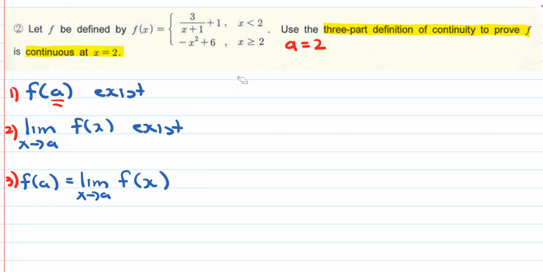If I want to show that f of a exists, we have to look at our inequalities. Which one of these functions actually takes the value of 2? Is it the top function or the bottom one? Clearly it's the bottom function.